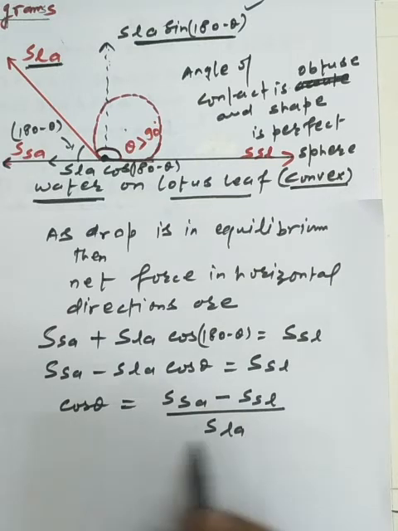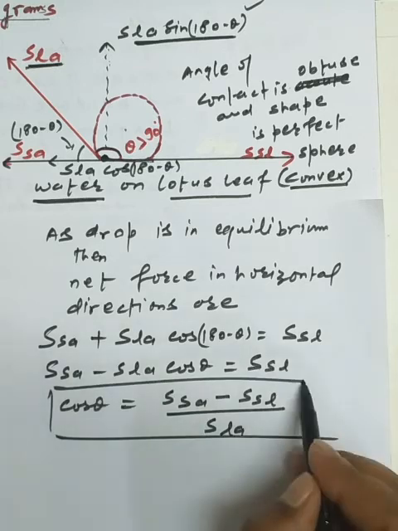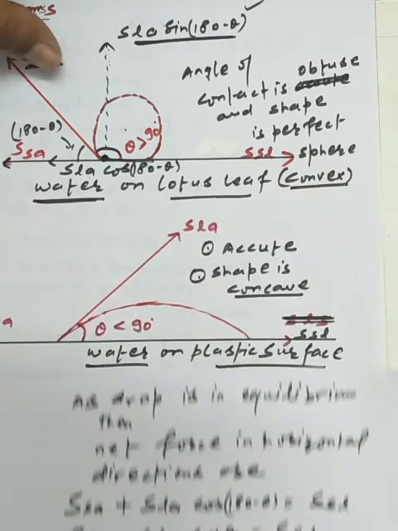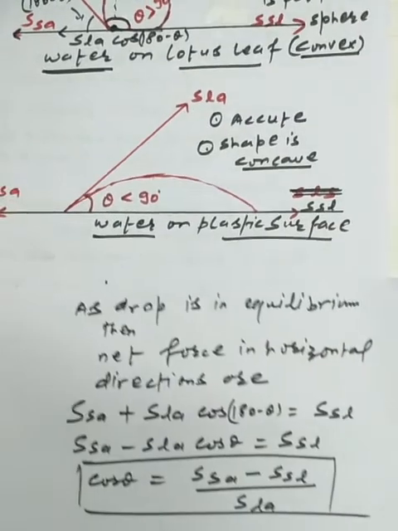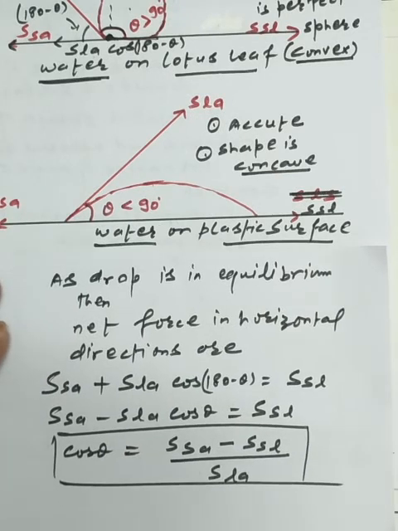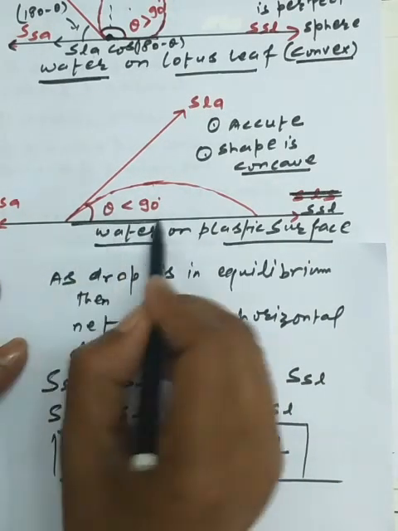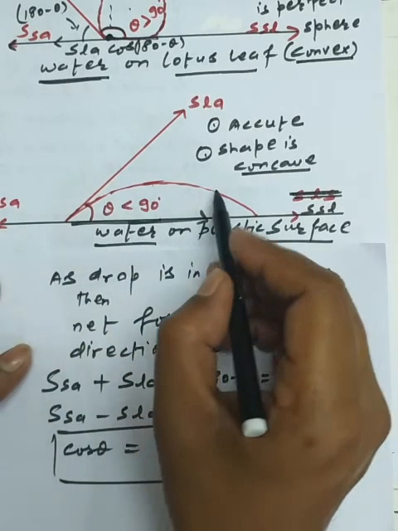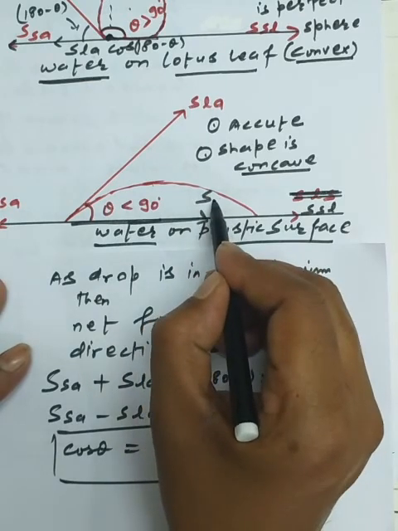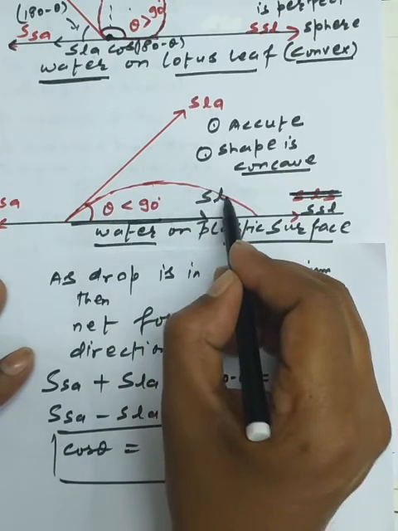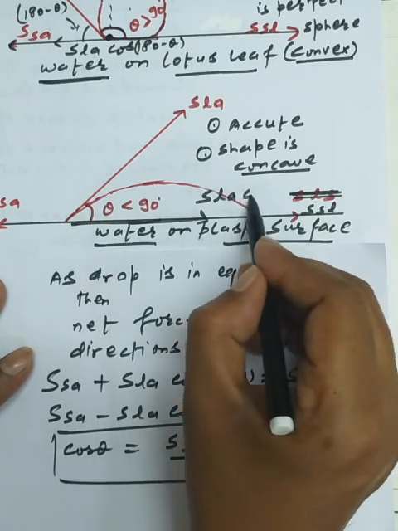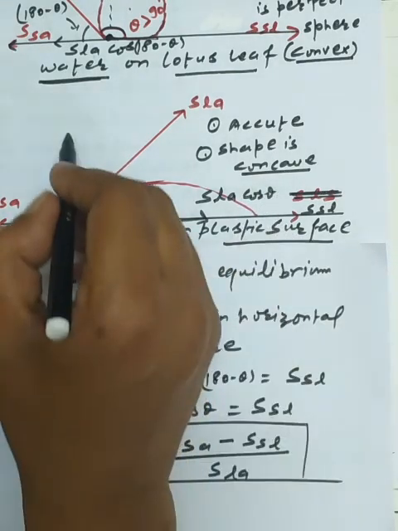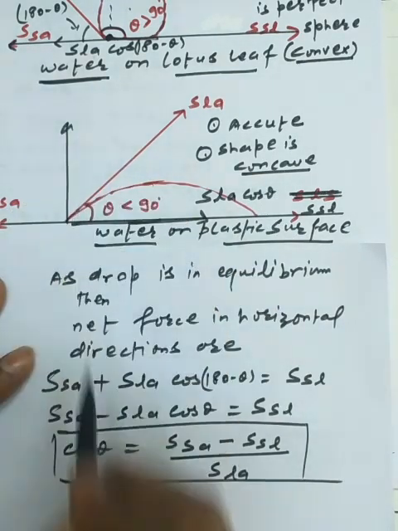Here we take the same consideration, assuming water on a plastic surface. In the same way we discuss the components: the surface tension along the liquid-air surface has a component S_LA cos theta in the horizontal direction and a component S_LA sin theta in the vertical direction.